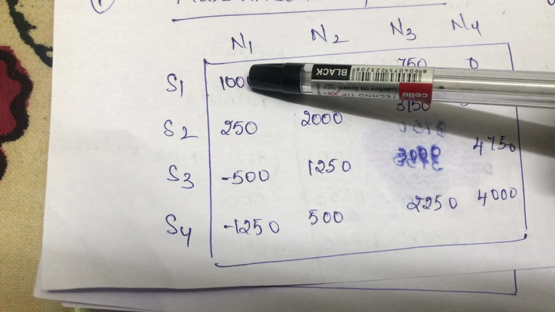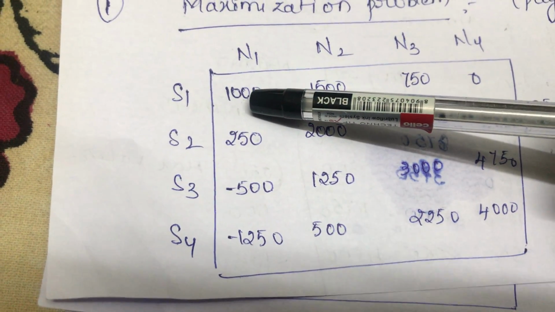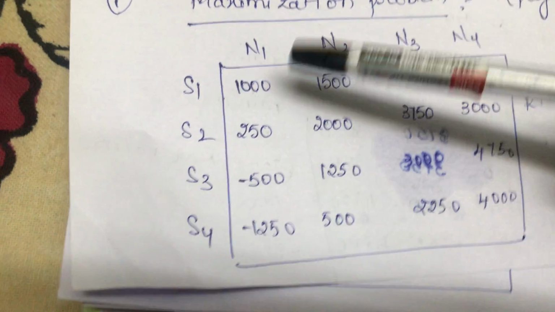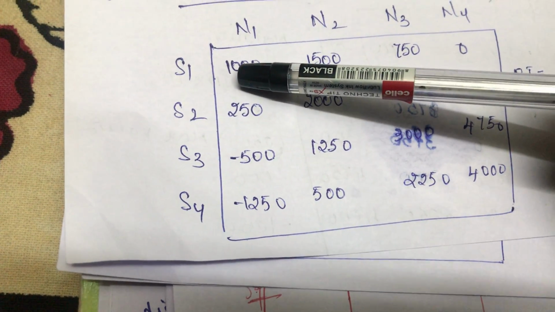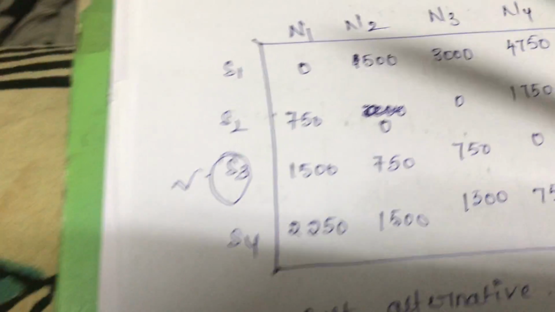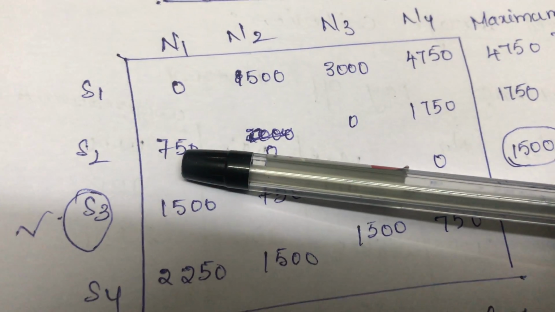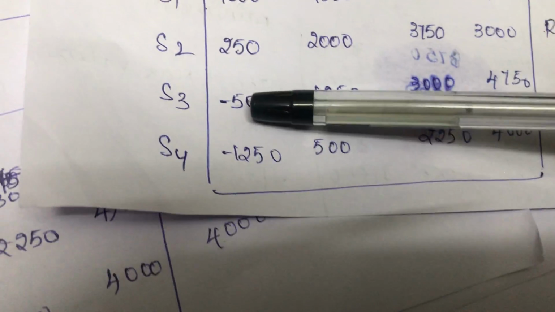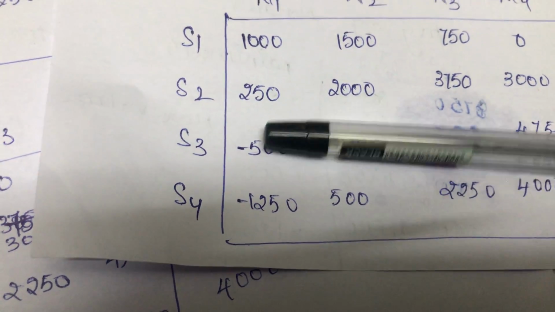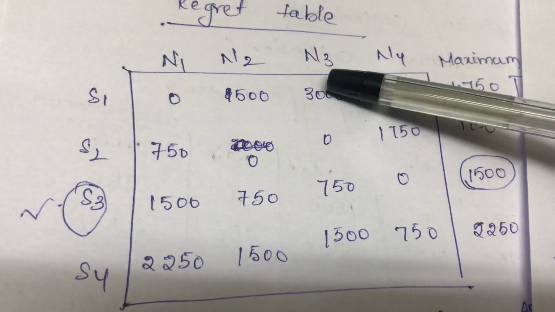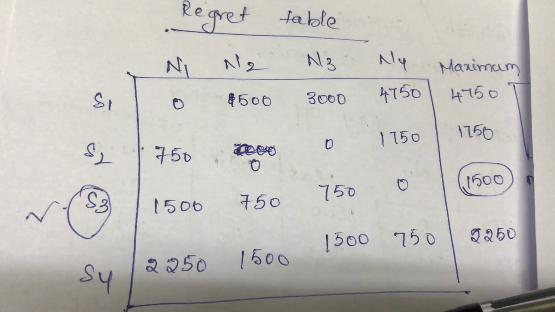What is the maximum payoff here? Maximum value is 1000. We subtract each and every value in that column from 1000. For example, 1000 minus 1000, 0. 1000 minus 250, 750. 1000 minus minus 500, that is 1500. Like that, each and every column is subtracted from its highest value.